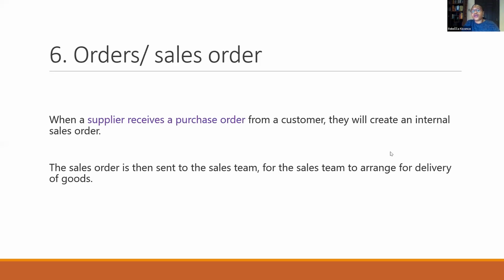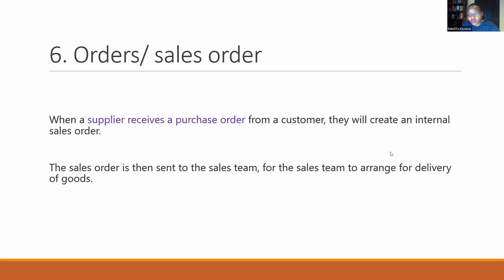In Plum Stationery, they use your purchase order to raise something called a sales order. And it is this sales order that they send to either production or whatever team is in charge of sales, and then they arrange for the delivery of these goods.